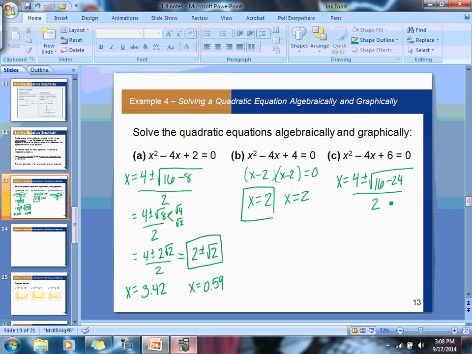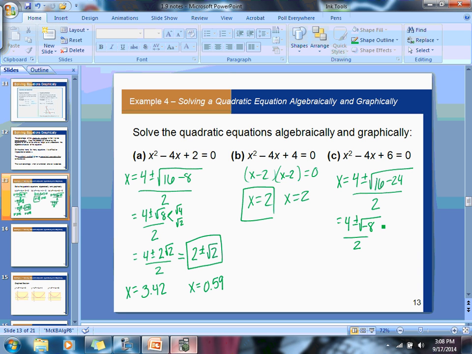Now, hopefully right now you're noticing why I don't get a real solution. And it's because of my radicand right here. I'm going to get 4 plus or minus the square root of negative 8 over 2. So it's almost the same as what I had in A. It's 4 plus or minus negative 8 now instead of positive 8.